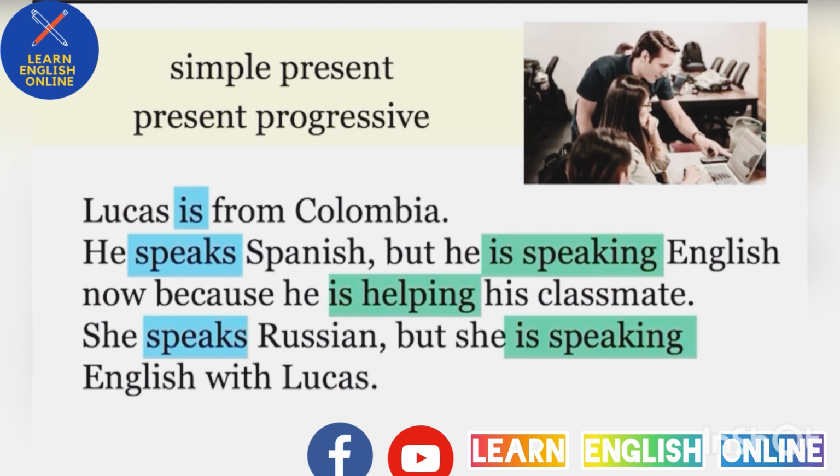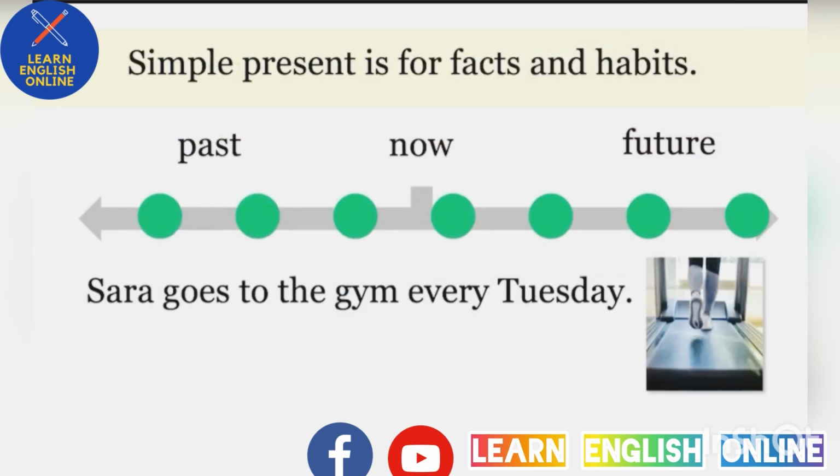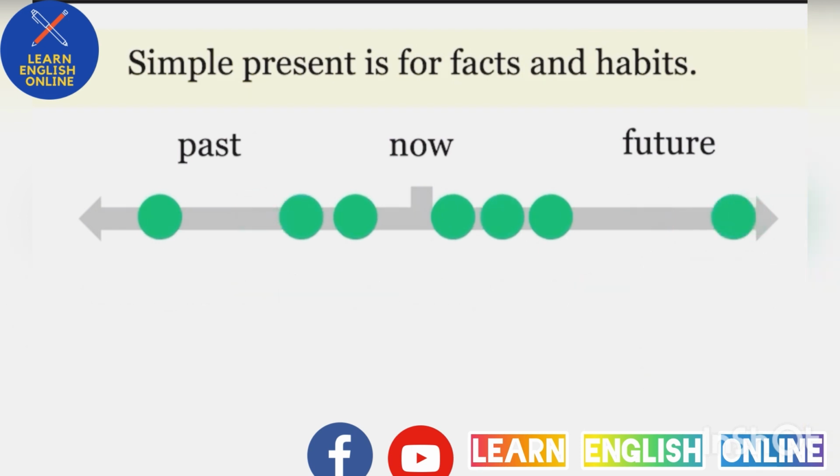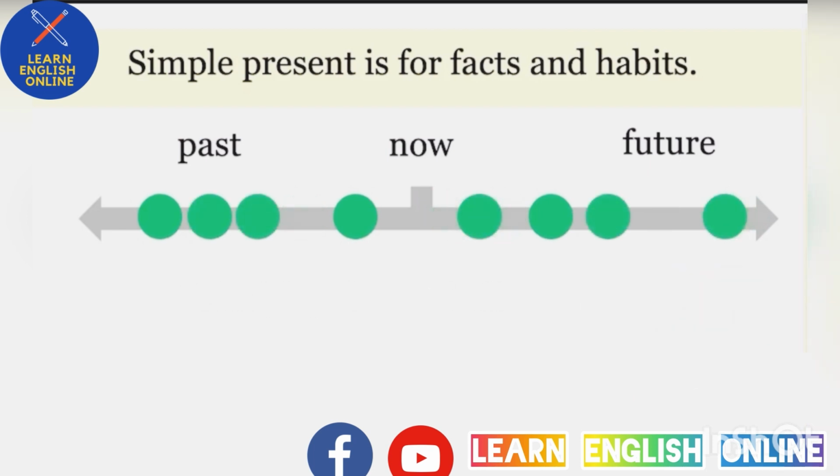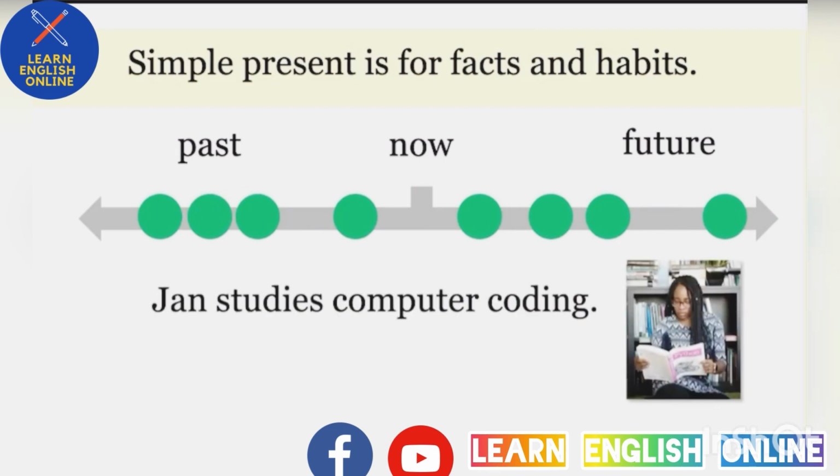Let's review when to use these forms. Simple present is for facts and habits. Sarah goes to the gym every Tuesday. John plays basketball. Jan studies computer coding.